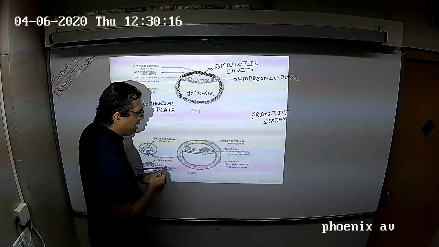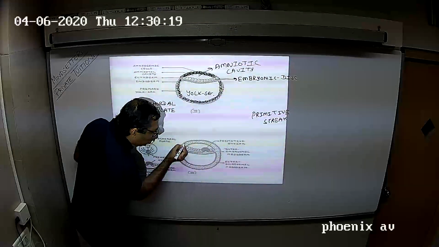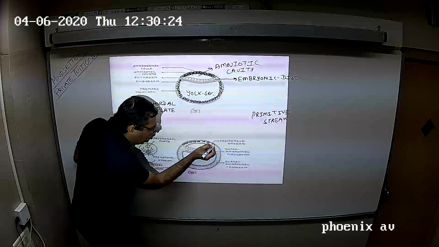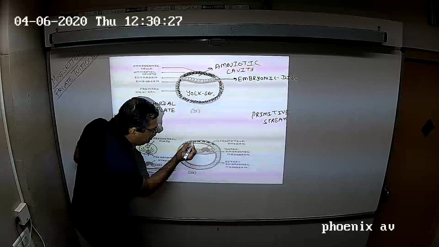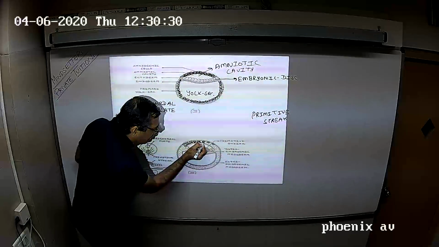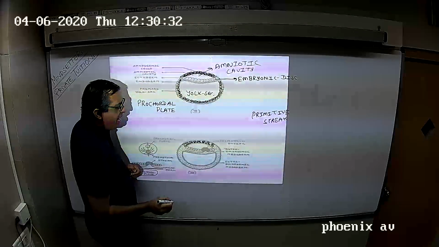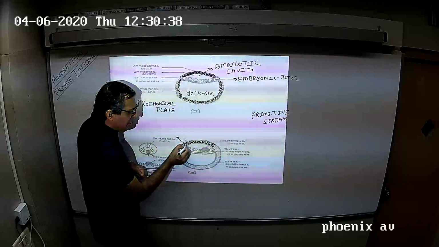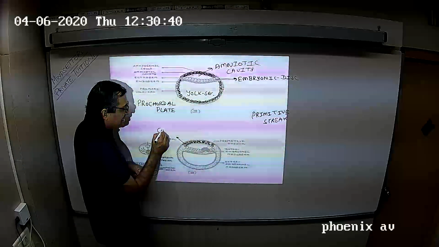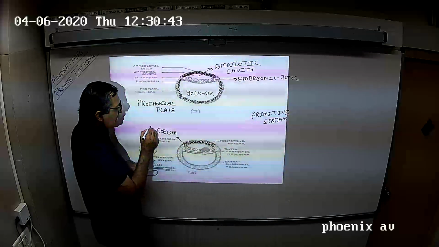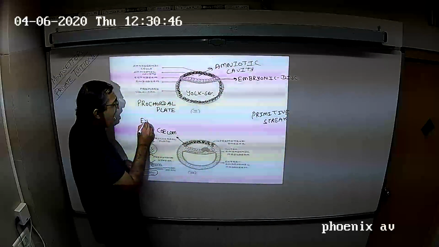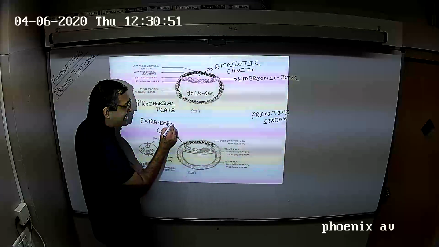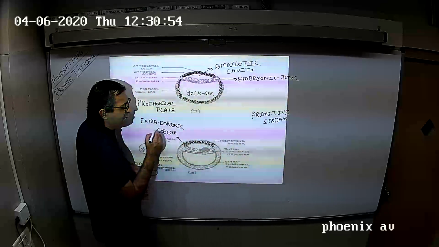Extra embryonic mesoderm now distinguishes into two layers. Two different layers form from the extra embryonic mesoderm, and in between the two layers develops a space, and that space between the two layers is called the coelom. So this is called the extra embryonic coelom, that coelom or cavity is formed.